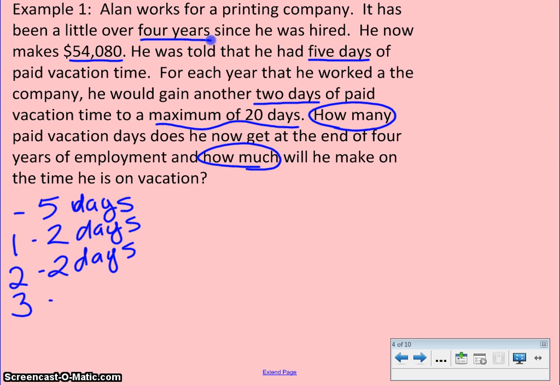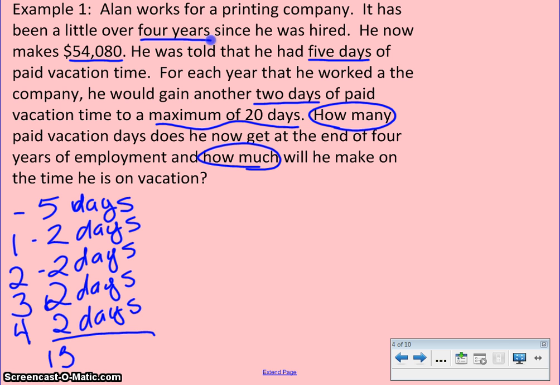After his third year, he got 2 more days. And it's just over 4 years since he's been there, so he has another 2 days for his 4th year. If we add all of those together, we have a total of 13 vacation days.